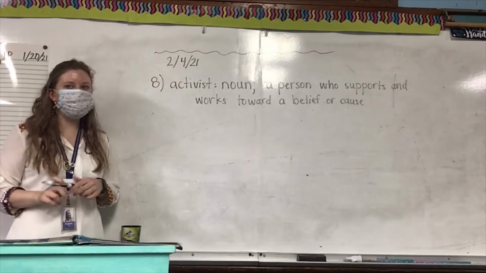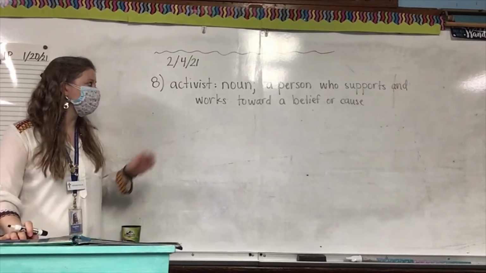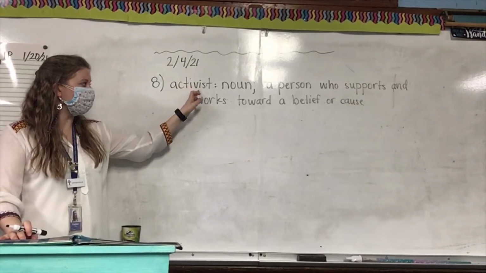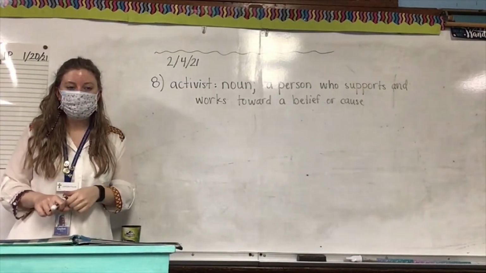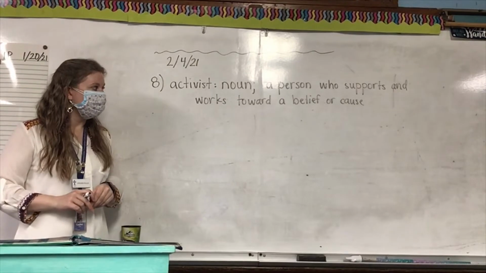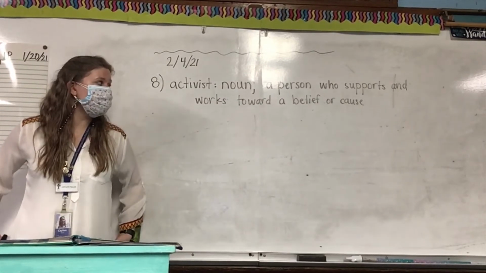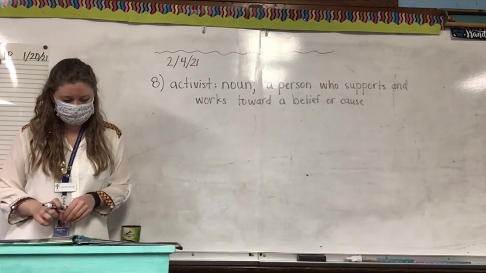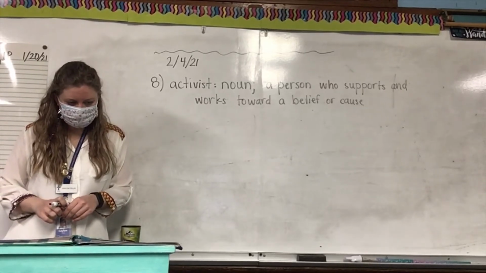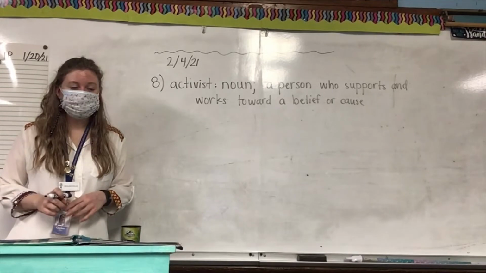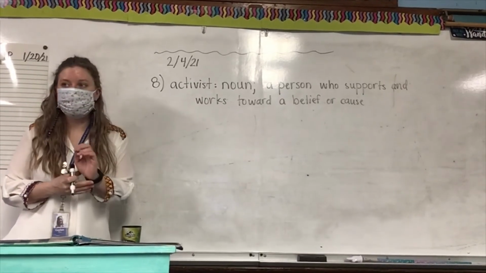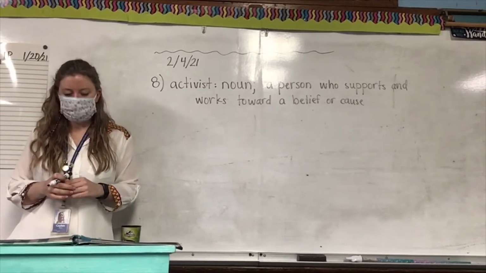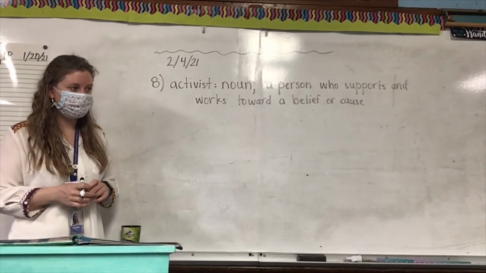So an activist, A-C-T-I-V-I-S-T, is a noun. It's a person who supports and works toward a belief or cause. The activists marched in the protest for equal rights. There it is in context.